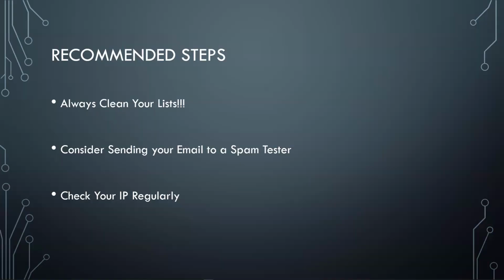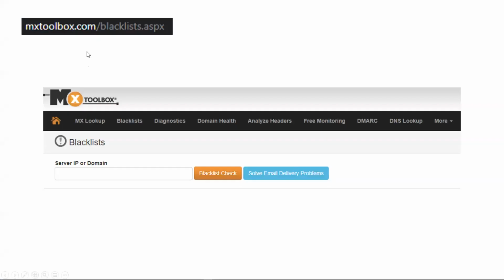And then the third piece that I mentioned for recommended steps is checking your IP regularly. There's a service out there that's free to use. You go to mxtoolbox.com, and if you have a URL, then you can put that into the MX lookup area and find out what the IP address is.